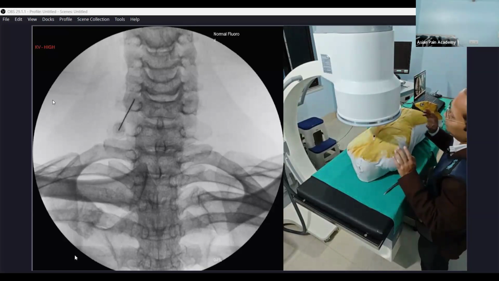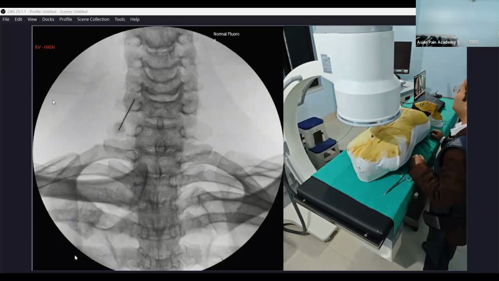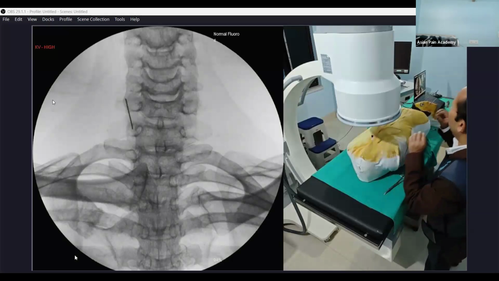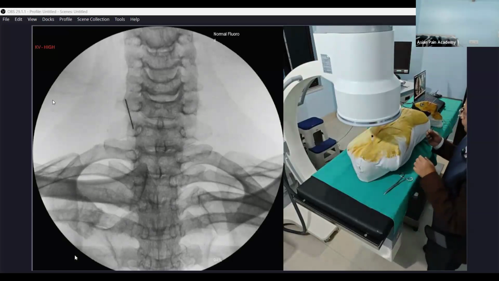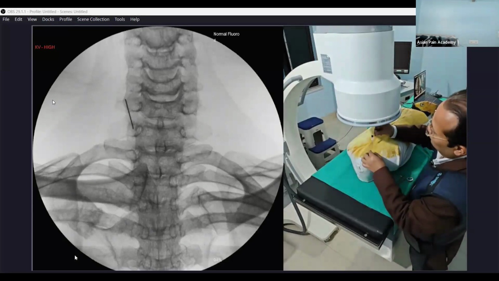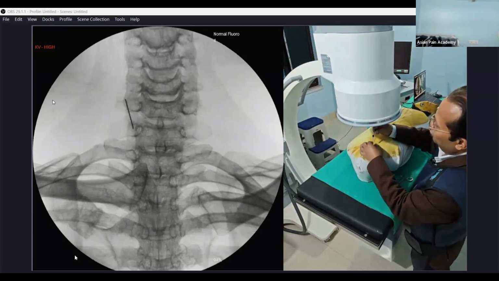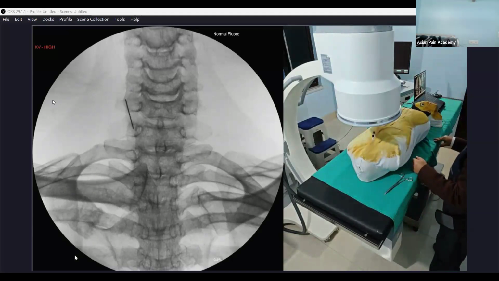Now I am on a bone. I am walking on the lateral side, and I can feel that I am just missing the bone. That's it. Now I'm putting another needle just below that in the same way, and I will hit the bone.